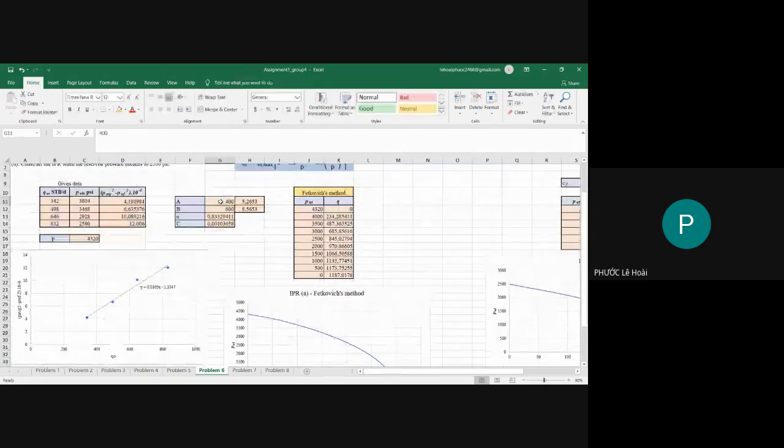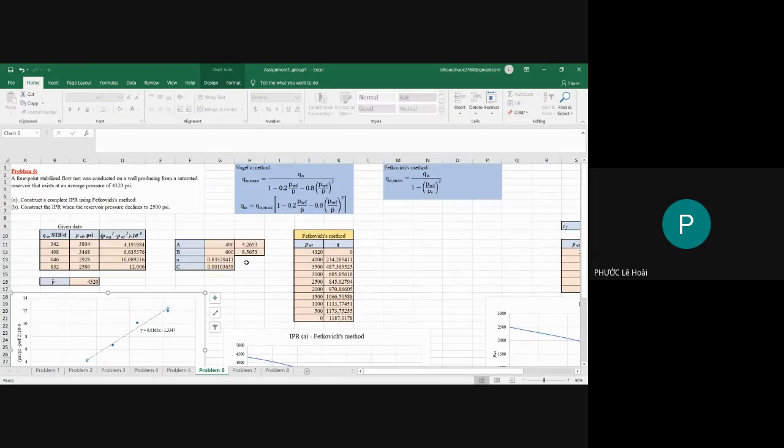I'll choose 160 right here, because it's right on the trend line. This one is what we choose, and this one is what we calculated.